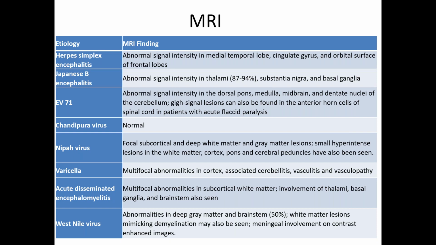In respiratory viruses like influenza, adeno, and RSV, you will have features in the thalamus and basal ganglia. Then in things like Chandipura, it can be normal. So these give you a surrogate idea about what kind of etiology it is.